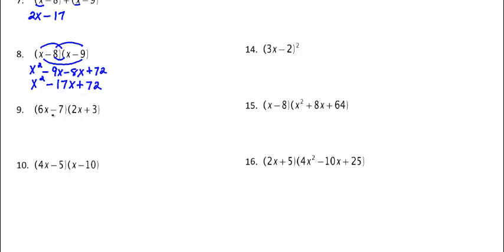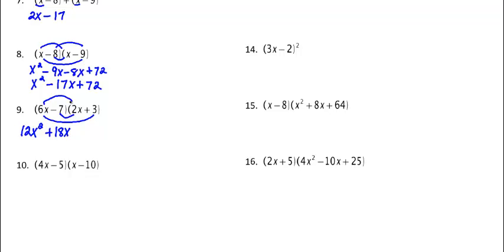Number 9 is, again, following that same pattern. We have 6x minus 7 times 2x plus 3. So 6x times 2x is 12x squared. 6x times 3 is plus 18x.